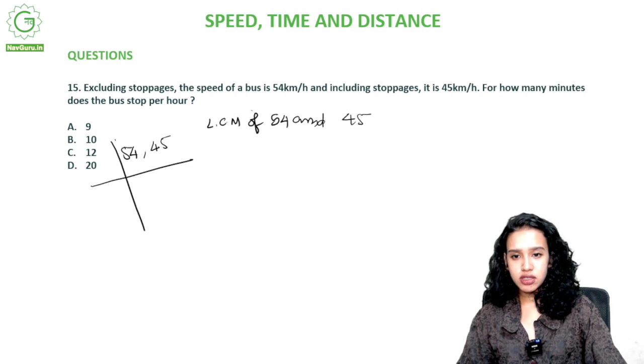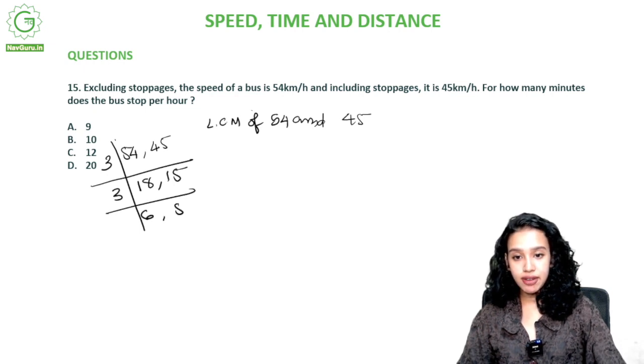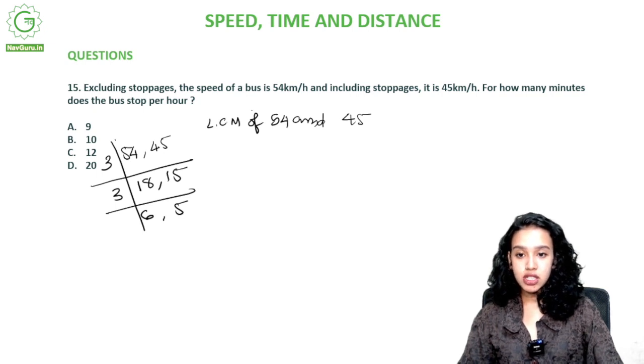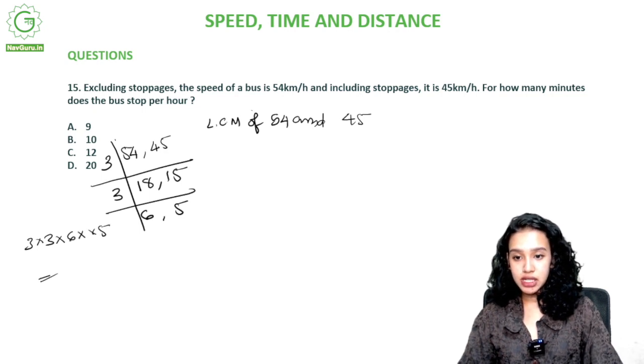So we could do it by 3. 3 1s are 3 and 3 8s are 24, 3 1s are 3, 3 5s are 15. Again by 3 we get 6 and 5, right? So again there is no common factor. So this is 3 into 3, 9, into 6 into 5, which is 30, 30 into 9, we have 270.